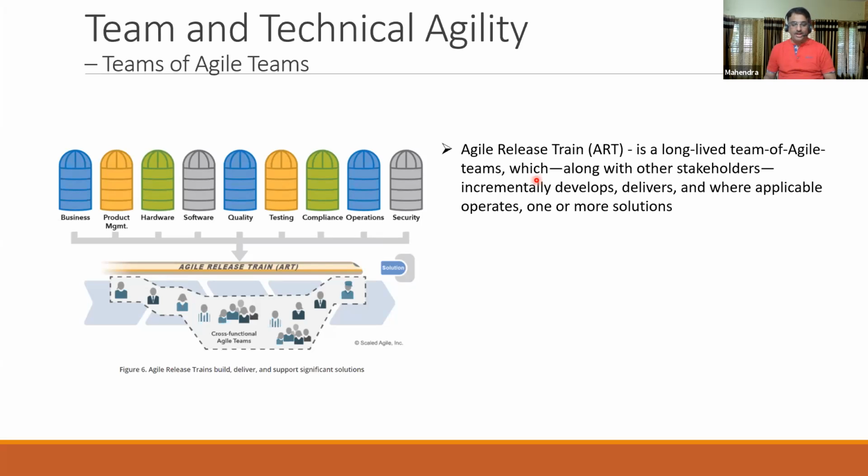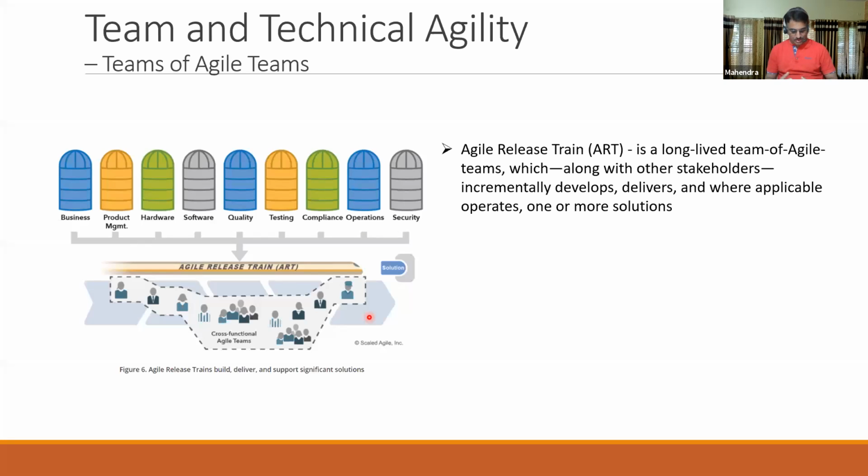And they cater to a particular value stream. In the depiction here, the blue background is a particular value stream. Just an example of a value stream: taking the banking sector, retail bank is a value stream. Credit cards could be another value stream, or investment banking could be another value stream.